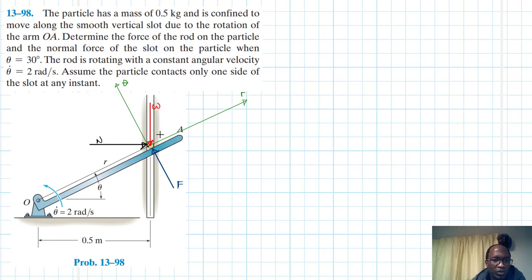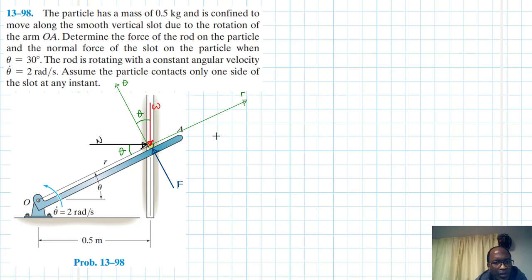So we are going to resolve all these three forces into the coordinates that we are using. But before we do so, let's establish the angles or the directions. So this angle here is theta, you agree? If this is theta, this becomes 90 minus theta, and this is theta, right? So this is also theta.